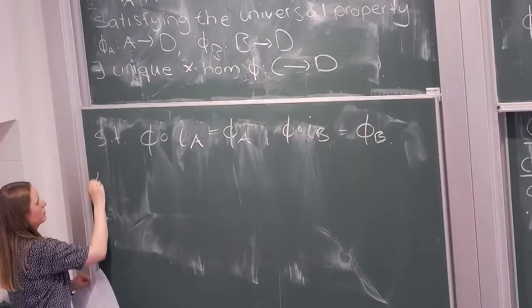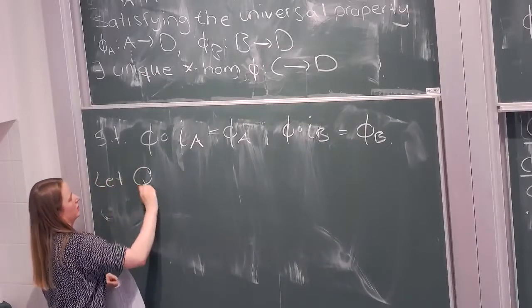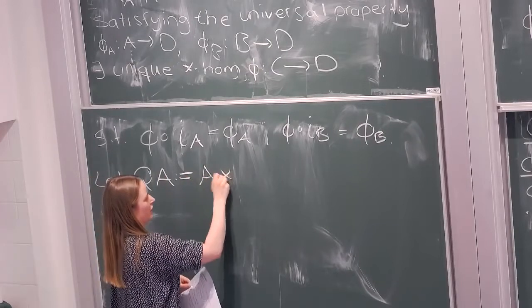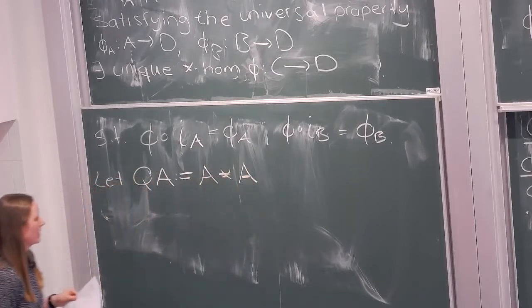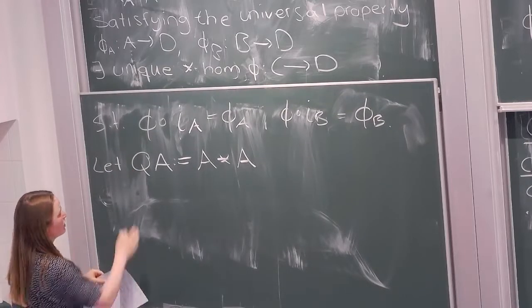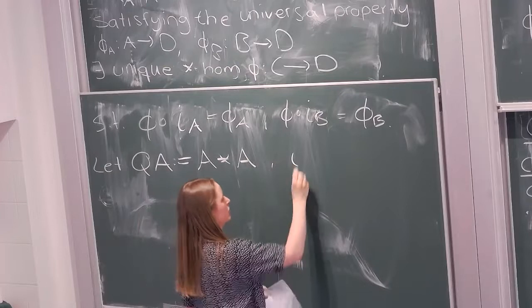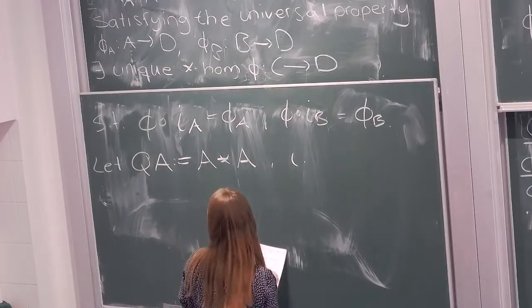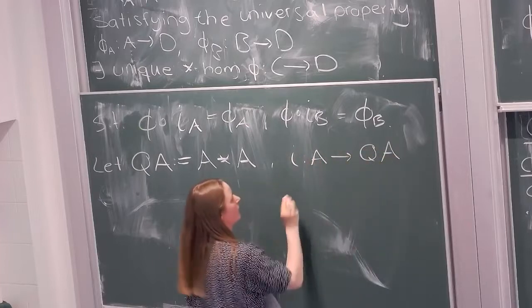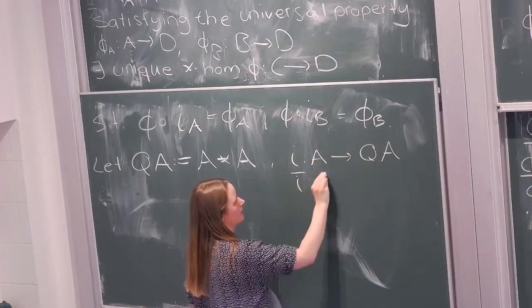So now we want to look at the free product of A with itself, and I denote it by QA. And then we have two canonical inclusions of A into QA, denoted by I and I bar.